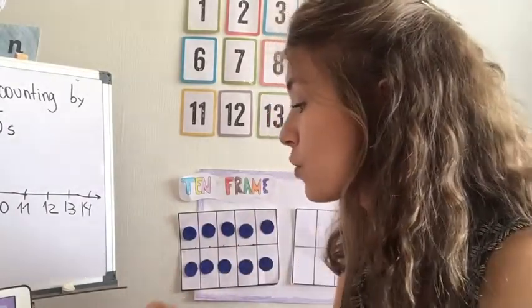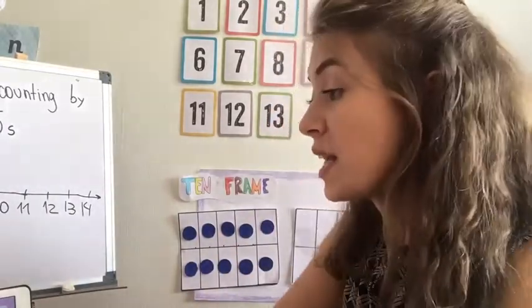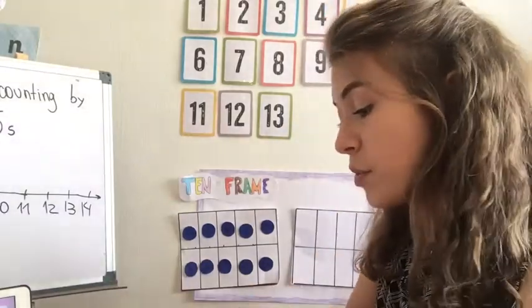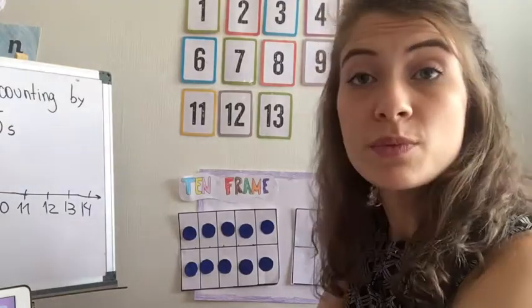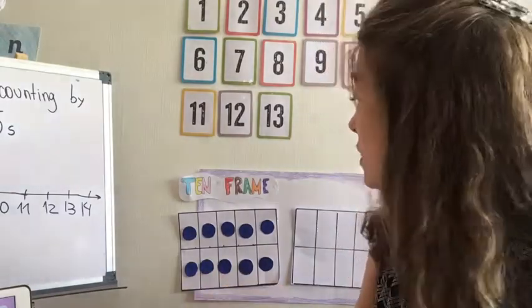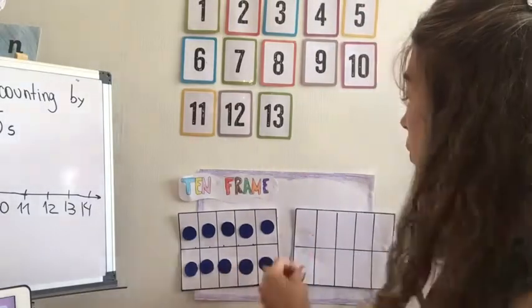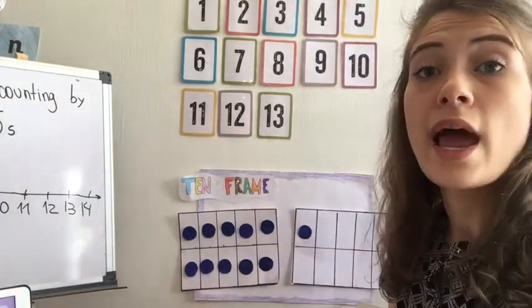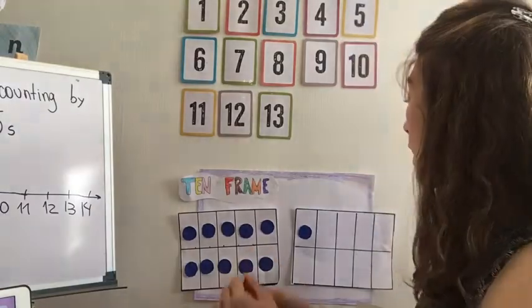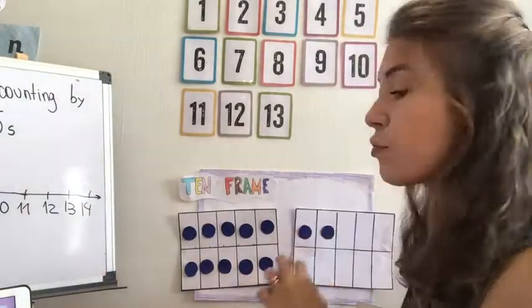We are going to represent not the number 10 but the number 13, and then I will need some more counters. I know here it has 10. If I put one more, I know it's 11. If I put here one more, I know it's 12.